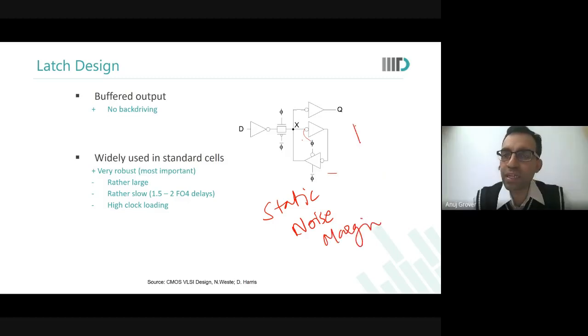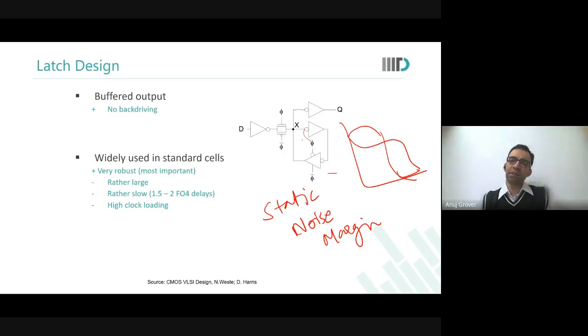For any latch, when the latch is in its operation, noise on either side can lead to flipping the contents of the latch. So we talk about something called a butterfly curve. You may have read about it in your earlier course. We will talk about it in the later part of this course, and in much more detail in the memory design course.